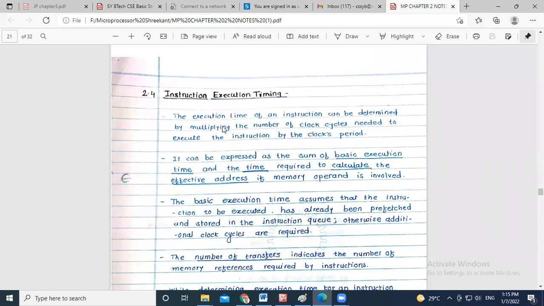Very important again. If any instructions are there for the microprocessor to do a particular operation or task, how much time it takes is very important, because nowadays queues are everywhere. If you go to an ATM, there is a queue. If you go to a bank, there is a queue. If you go to the railway station, there is a queue to collect a ticket.